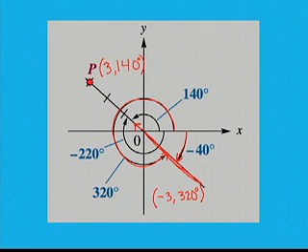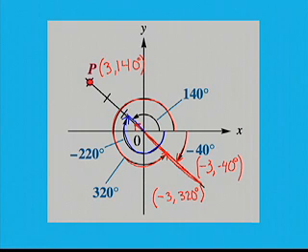Therefore, for -40, I also need to use -3. And so it would be -3 comma -40 degrees to give me a second equivalent point. Let me then do the other angle we have here in blue, which is -220 degrees.